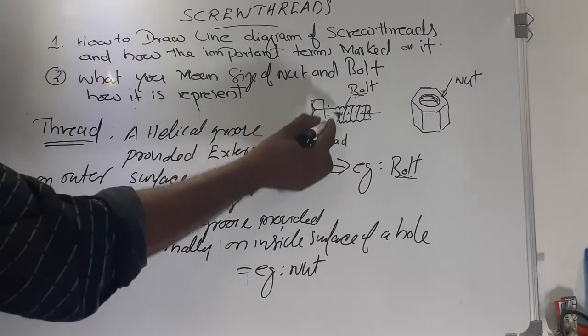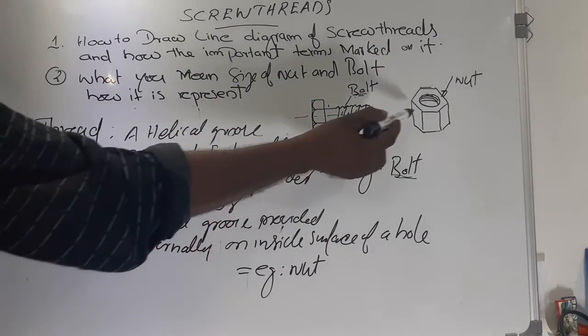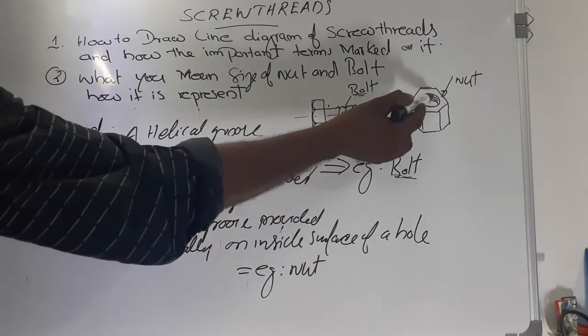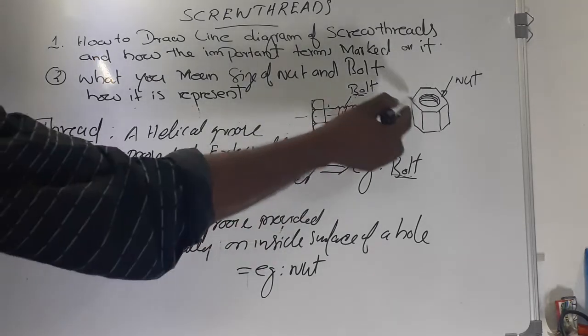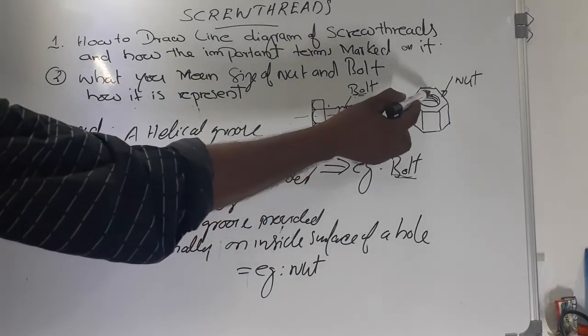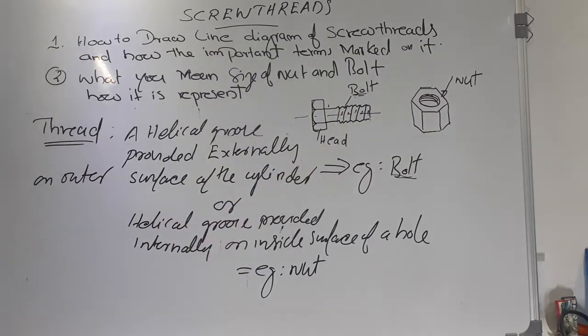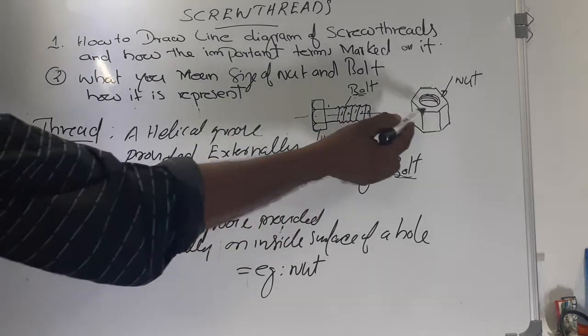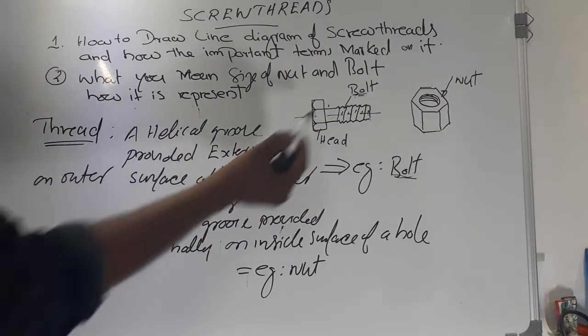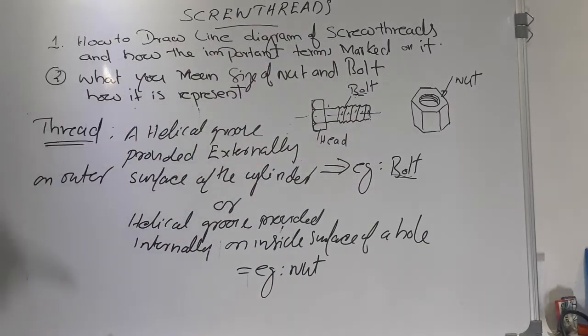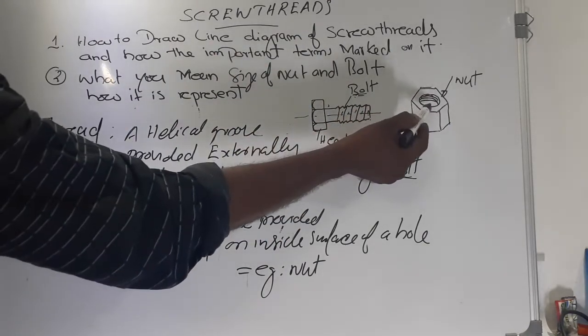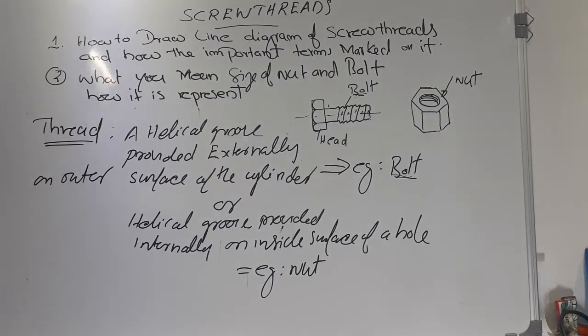In the second figure there is a hole. In this hole a helical groove is provided internally, that is called an internal thread. Bolt is an example of an external thread, whereas nut is an example of an internal thread.